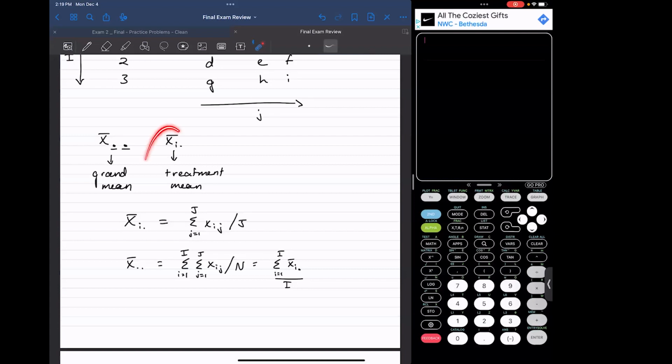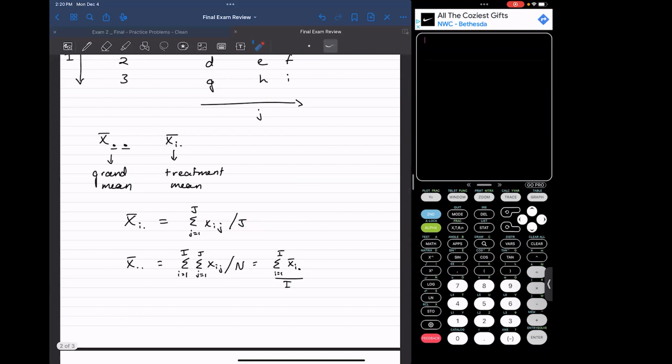The treatment mean here is just going to be within one I, and that's why you have just an I and the dot meaning all of the J's within that I. So to calculate the treatment means, you take the summation of all the points within that I and then divide it by the number of points total within that treatment.